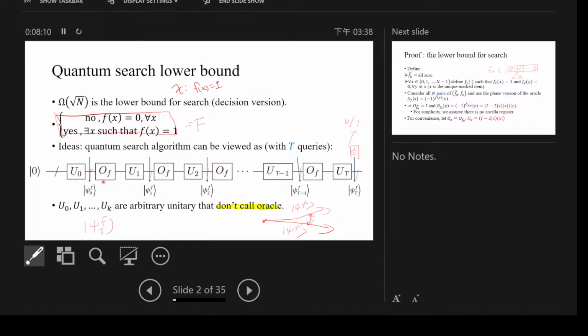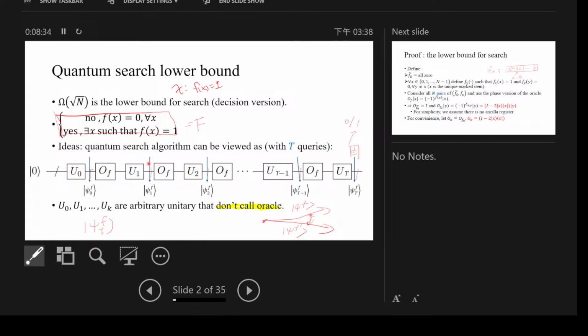Each time you do an oracle call, the quantum state between the no instance and the yes instance can only change so much. And at the end you need to change a lot, so you need to go through a lot of steps to make enough change between the no instance and the yes instance.